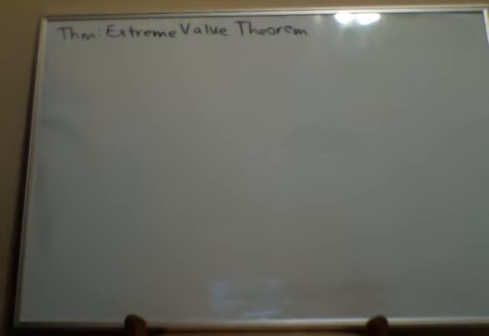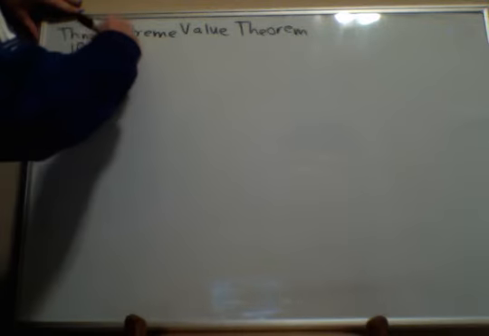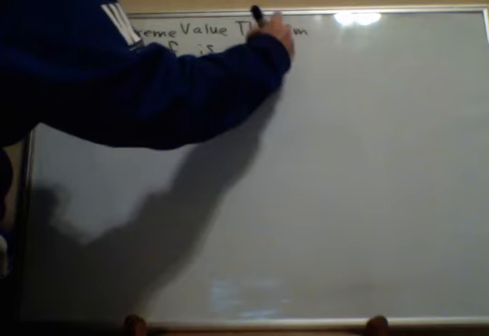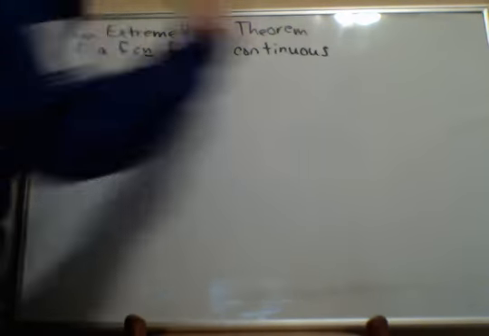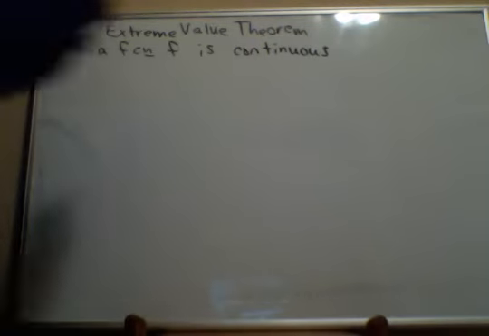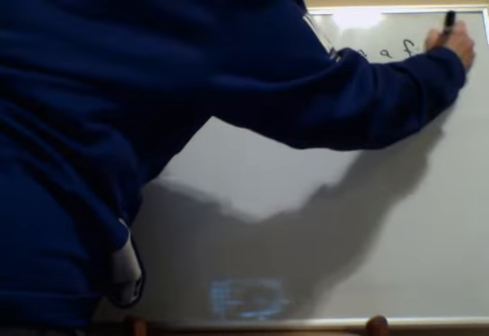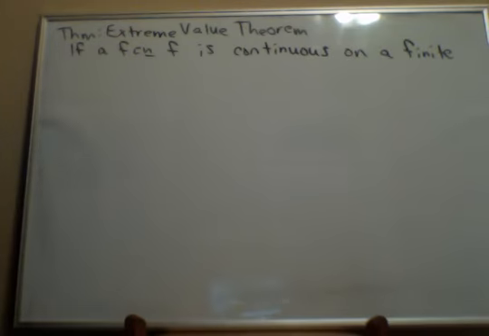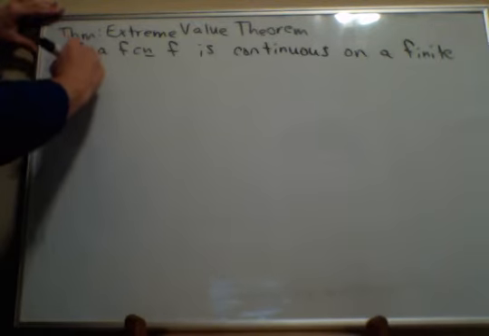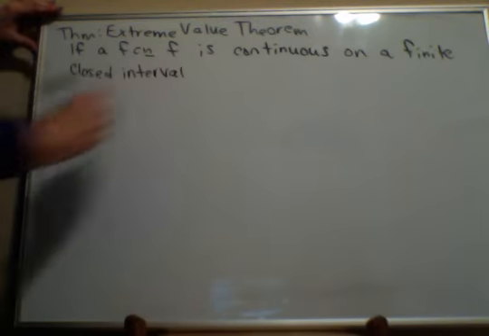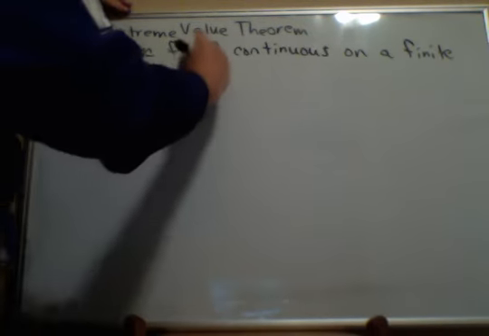And the extreme value theorem says if a function f is continuous on a finite closed interval. Finite, of course, meaning that we can count it. We know the beginning and we know the end. So it'll look like this.